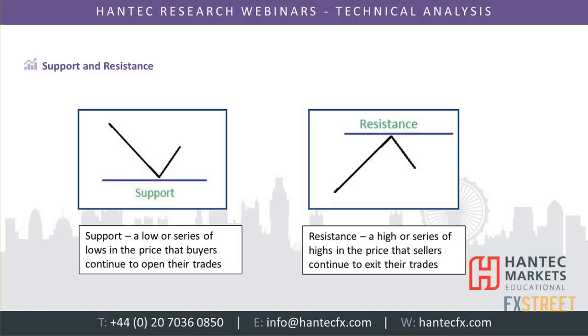As the price falls towards support and gets cheaper, the buyers become more and more inclined to buy, and the sellers become less inclined to sell. Support is the level at which the demand to buy exceeds the supply of sellers. The buyers come in, and the price starts to push higher again.